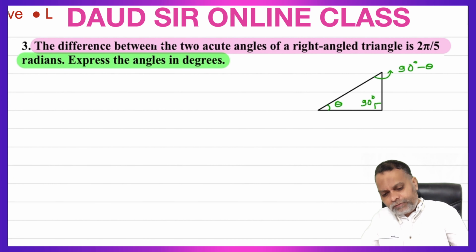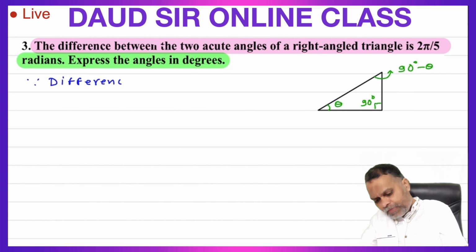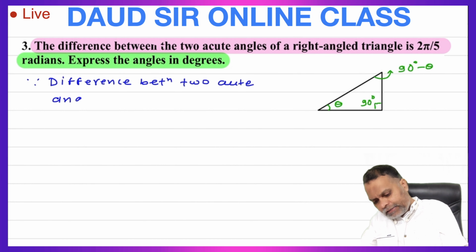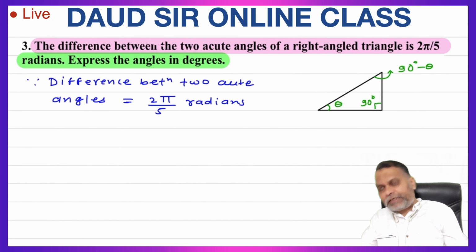So since difference between two acute angles is equal to 2 pi by 5 radians. It is given in radians.